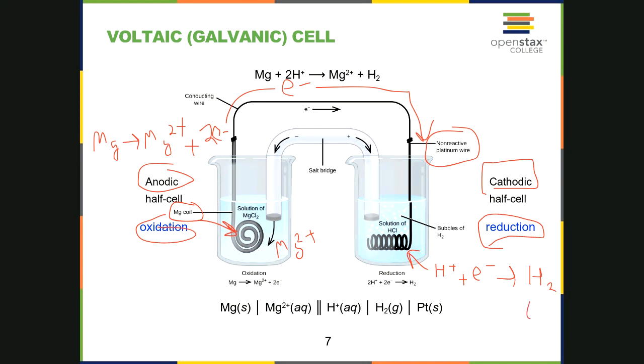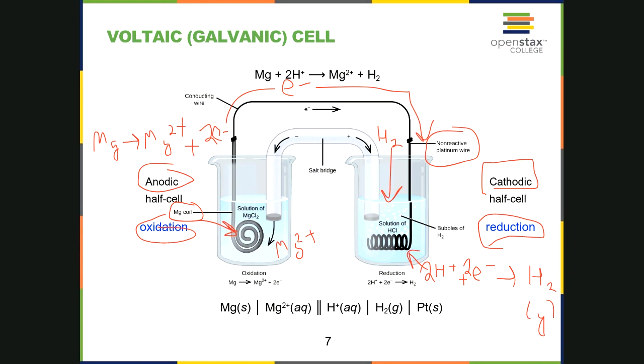So for that to happen, we would need 2 hydrogen ions and we would need 2 electrons for that to work. So that's what's going to go on inside our solution here on the other side, is that we're going to be taking the hydrogen ion, the H+, and converting it into hydrogen gas. And it's not so easy to see, but on the right side here, there are bubbles, and that is the hydrogen gas that we're producing from the hydrogen ion.